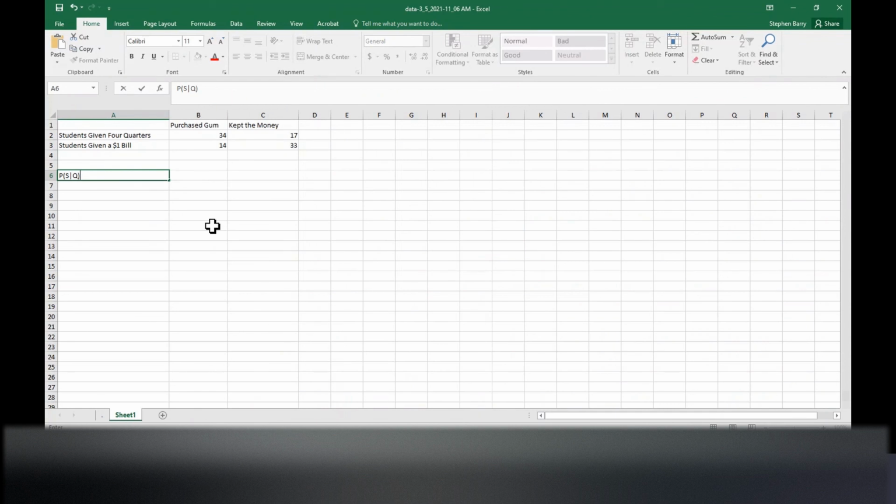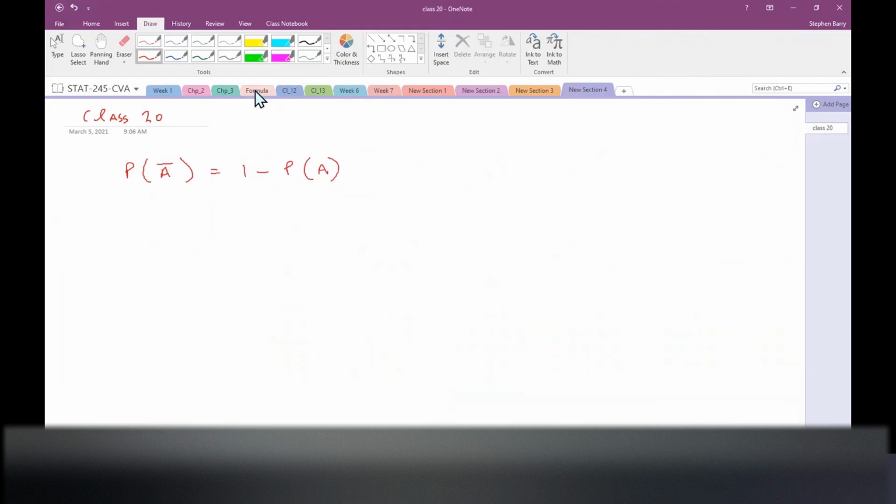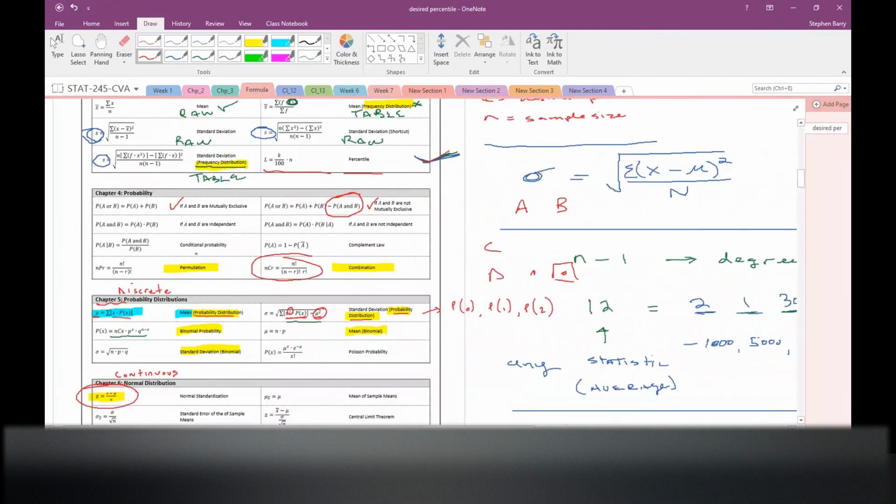And if you look at your formula sheet, there's a way of figuring that out. If you go again to your formula sheet here for conditional probability, right here.